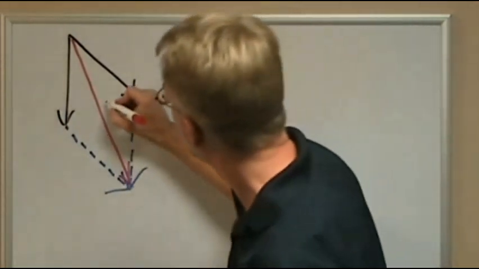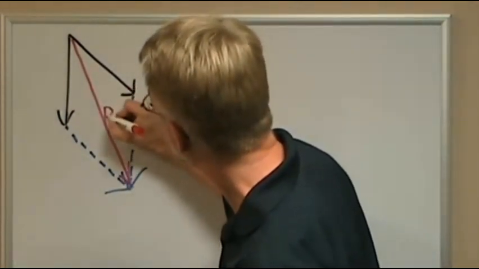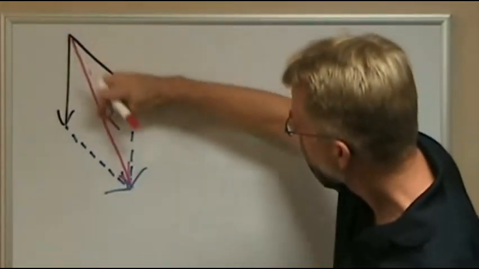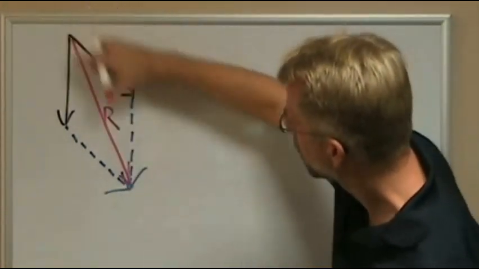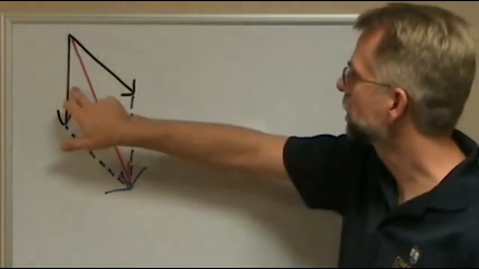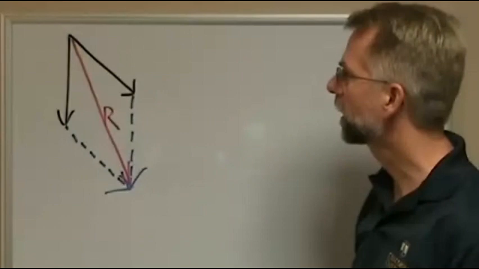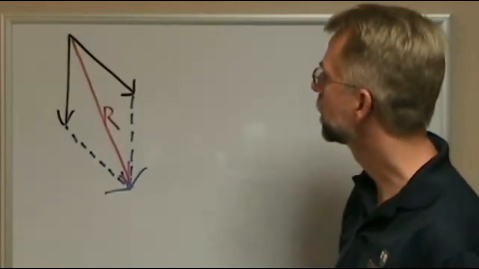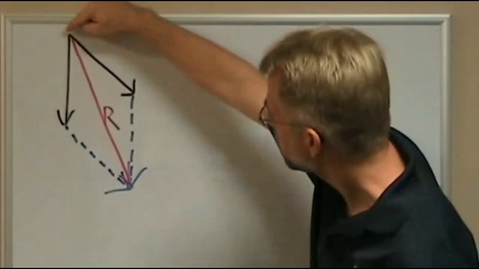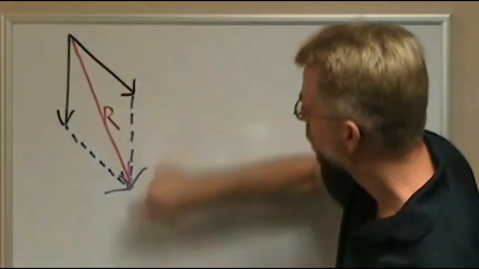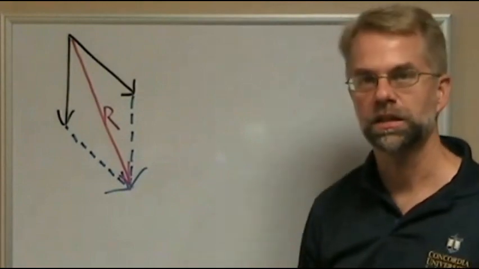So this here is actually my resultant vector, this red one starting here and going all the way down here. So if you had two forces represented by these two black vectors, the actual effect of those two forces would be a force in a single direction with a greater magnitude going in that direction.